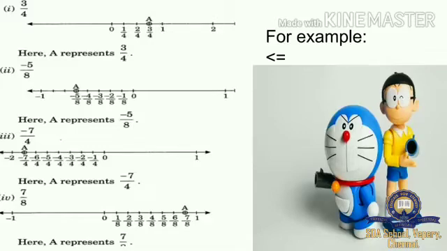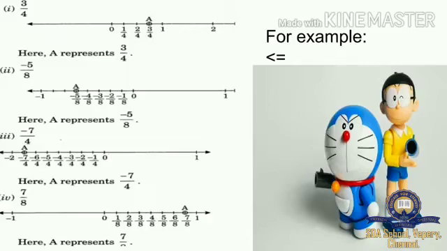And another question, minus 7 by 4. So it is in negative form, right? So we go like this: 0, minus 1 by 4, minus 2 by 4. Where we get the value minus 7 by 4, we should go till that.